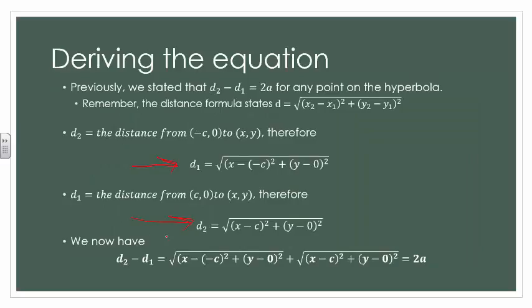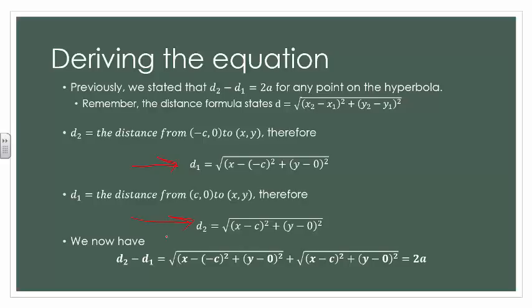Remember, the distance formula tells us that the distance equals the square root of the second x coordinate minus the first, quantity squared, plus the second y coordinate minus the first, quantity squared.